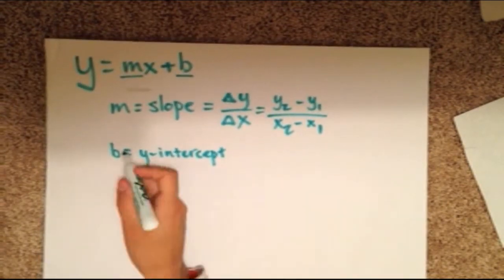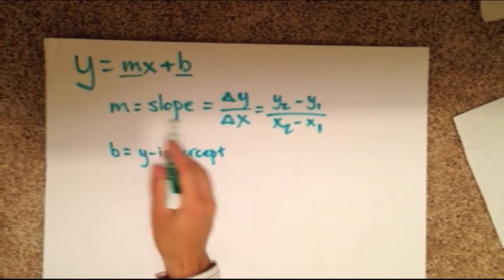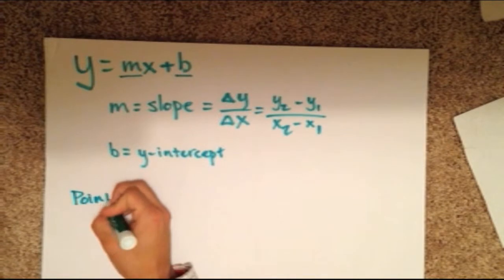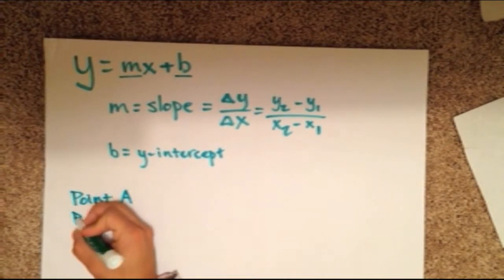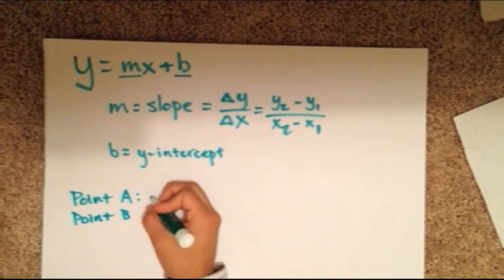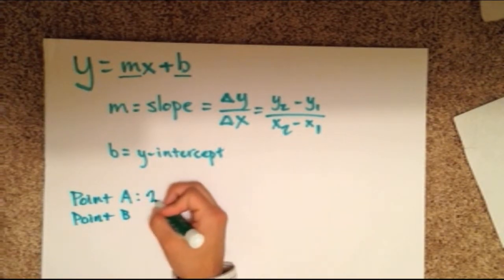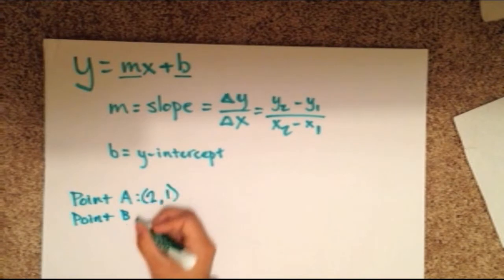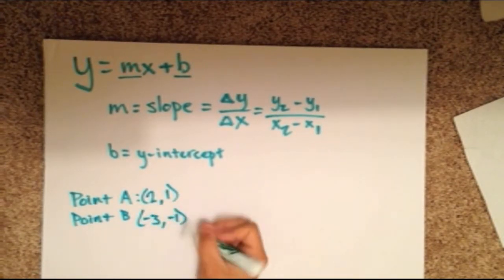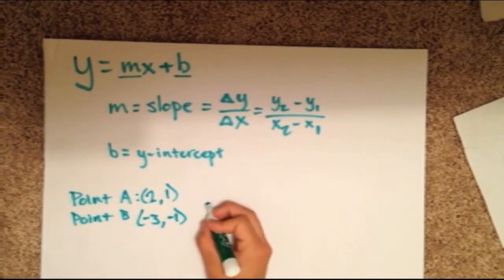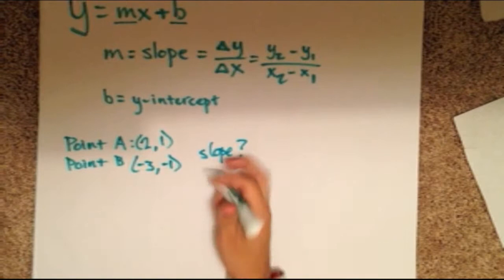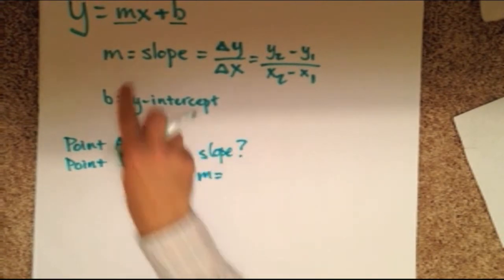Let's have an example finding the slope. If I give you two points, point A and point B. A will be 2, 1, and B is -3, -1. What is the slope? We know m is equal to the slope.